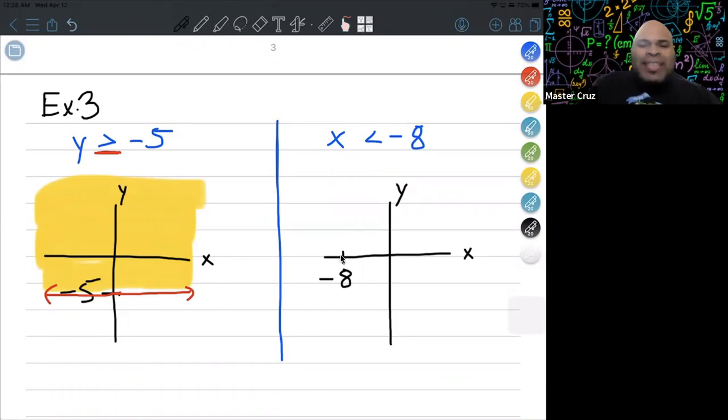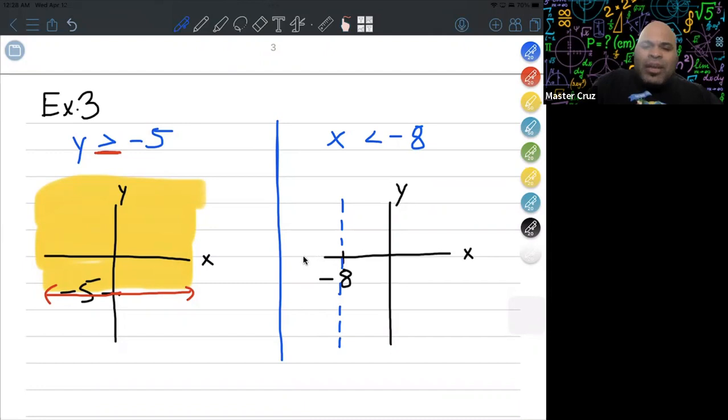So I'm going to go to the tick mark again, which is the mark that we use to mark the number, and I'm going to create dashed lines, because these are just less than. There's no equal to. Now, where are the numbers on the x-axis, because this problem is all about x, that are less than negative 8?